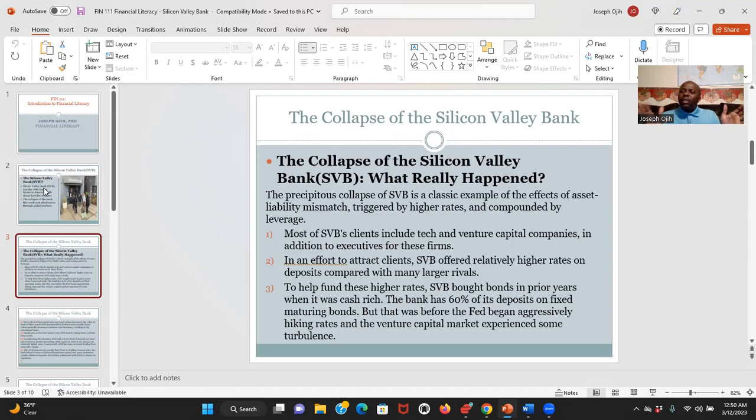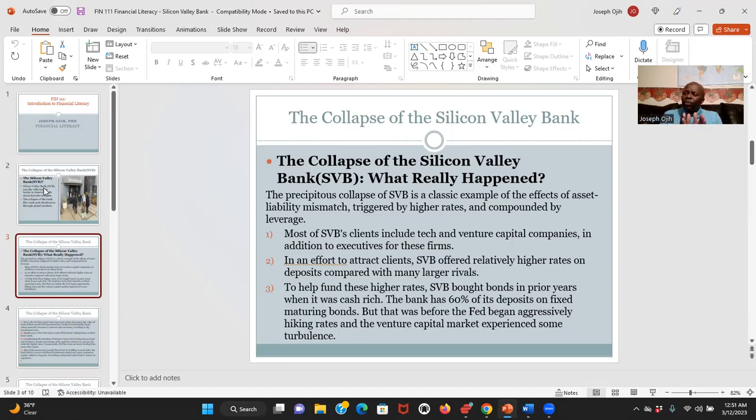But remember, there is competition in the industry. So to attract clients, the Silicon Valley Bank paid higher rates on deposits. That means the amount they pay for the customer that deposits money at the bank is higher than what other banks paid, because they want to attract customers.